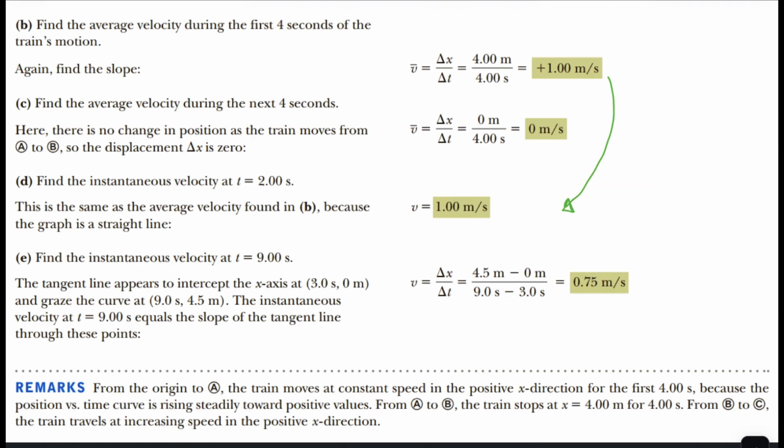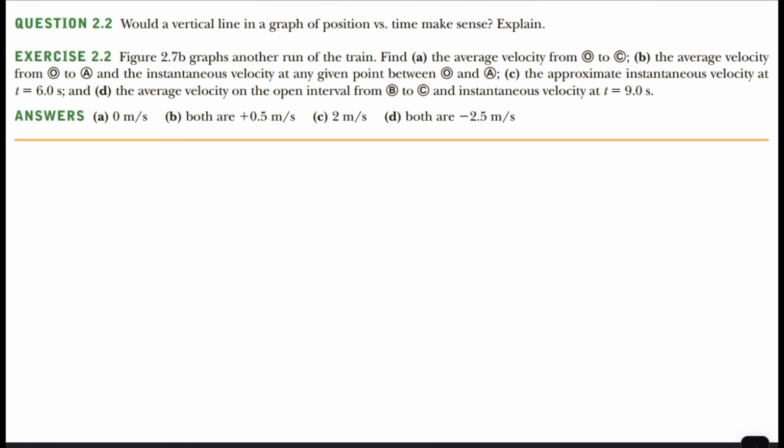The delta x is 4.5 minus 0, on the x-axis, and then 9 minus 3 seconds. So we will have 0.75 meters per second as the instantaneous velocity of the object at t equals 9 seconds.